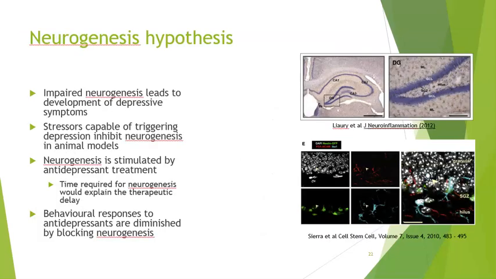Now, the last hypothesis, again, one we didn't really have a whole day on, is the neurogenesis hypothesis. Again, this hypothesis is really just saying that impaired neurogenesis leads to development of depressive symptoms. So there's certain stressors that are capable of triggering depression, and this actually inhibits neurogenesis in animal models.